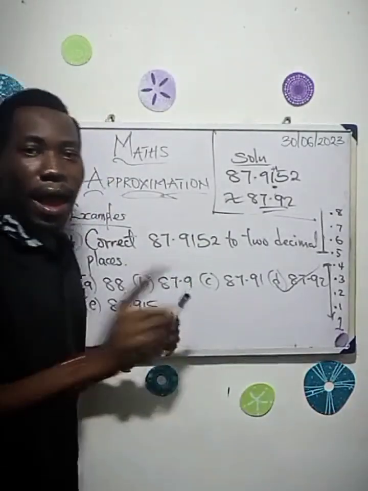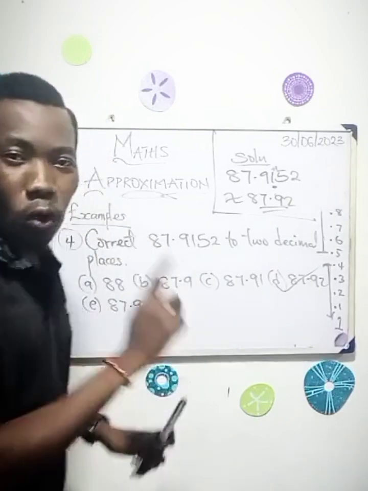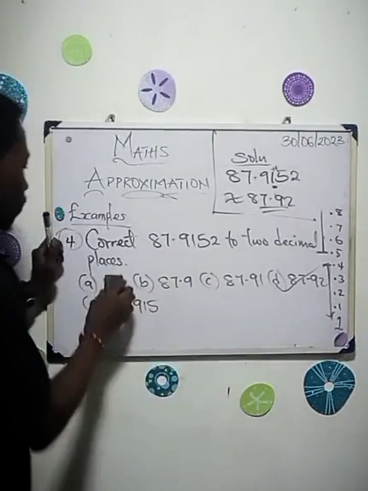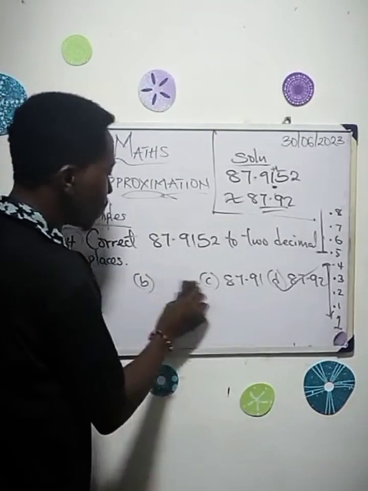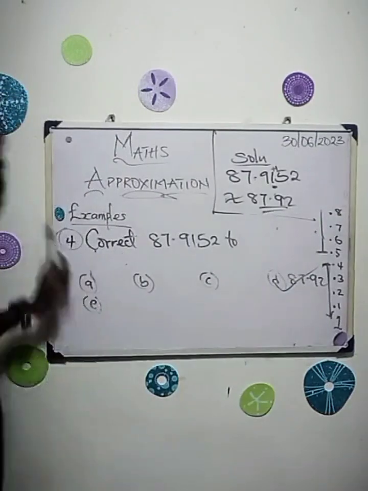Okay, let me use this one now. Approximate this same number to the nearest whole number.